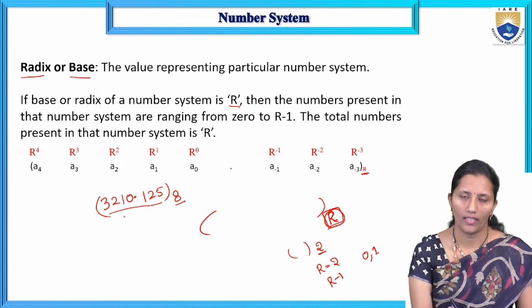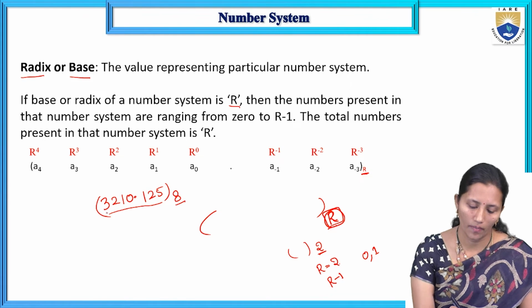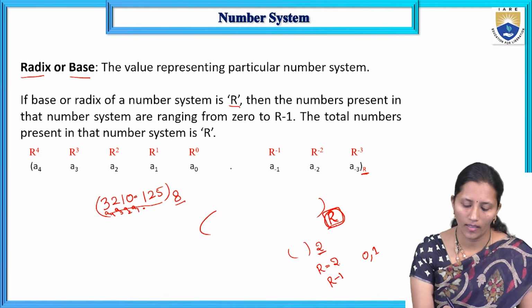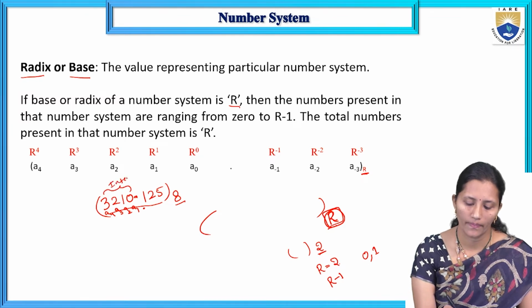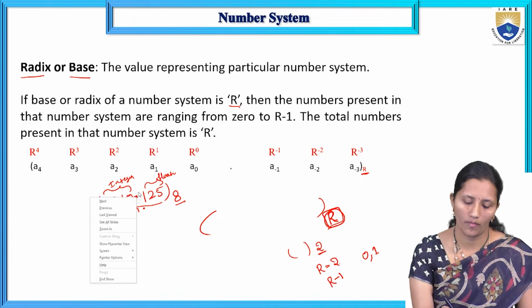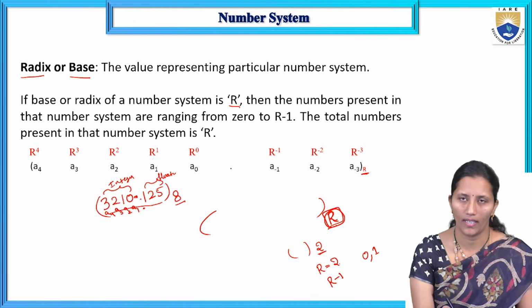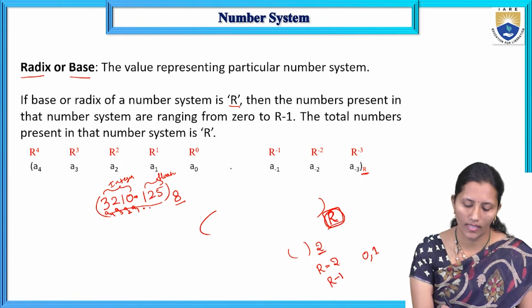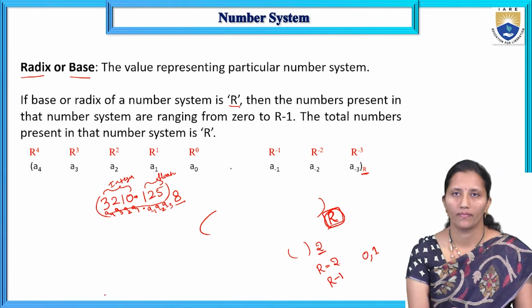The number has two parts: the integer part, on the left side before the point, and the fractional part on the right side. Here the positions are A minus 1, A minus 2 and A minus 3.